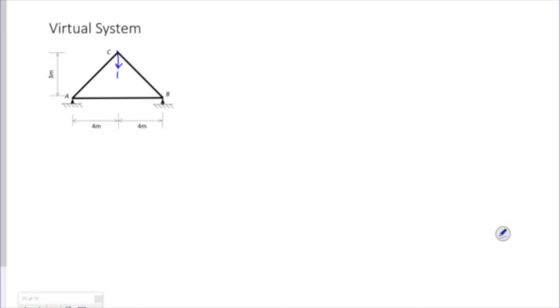Now I want you guys to go ahead and solve for the member forces. I'm going to tell you what the answer is at the end, but I'm going to give you a few minutes to do it.